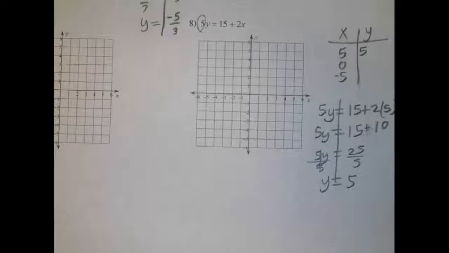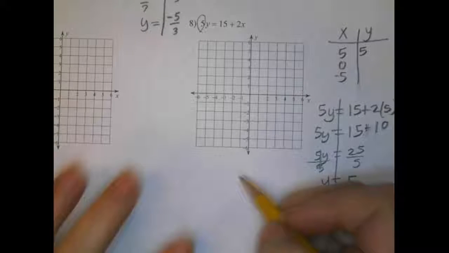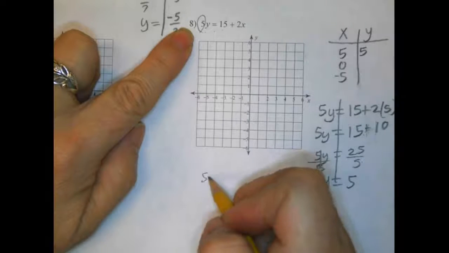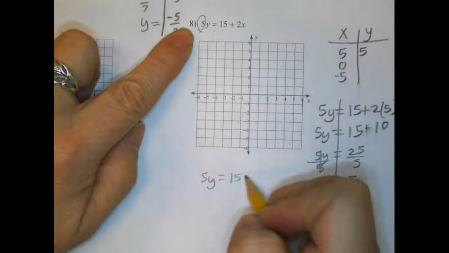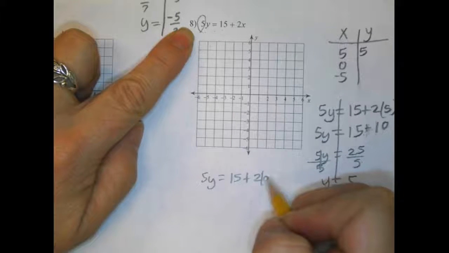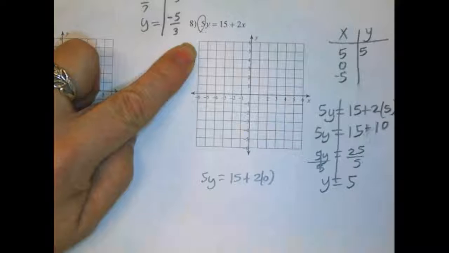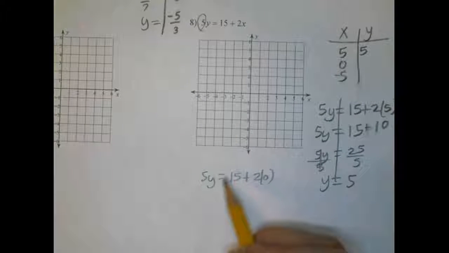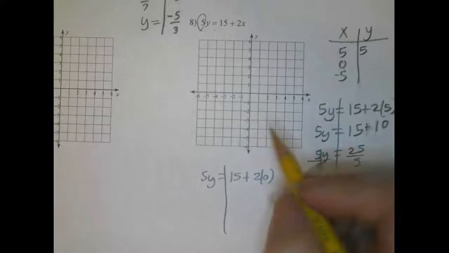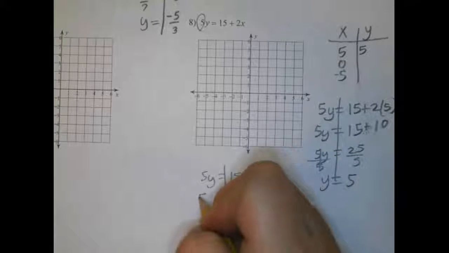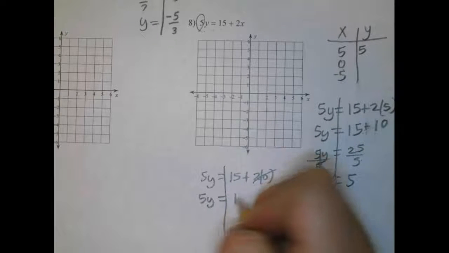Okay, I have to do 2 more problems. I'm going to rewrite my problem. 5y is equal to 15 plus 2 times 0, right? Because this time x is 0. What is 2 times 0? 0. That brings me to 5y is now equal to 15.